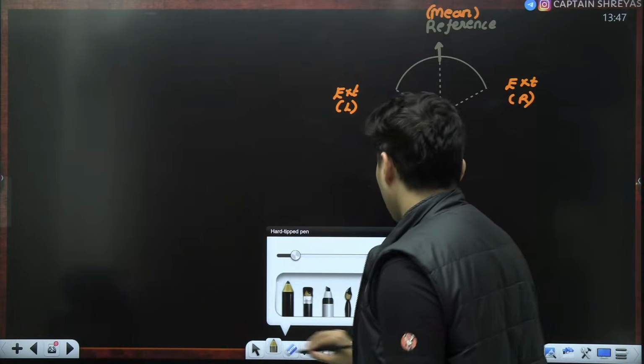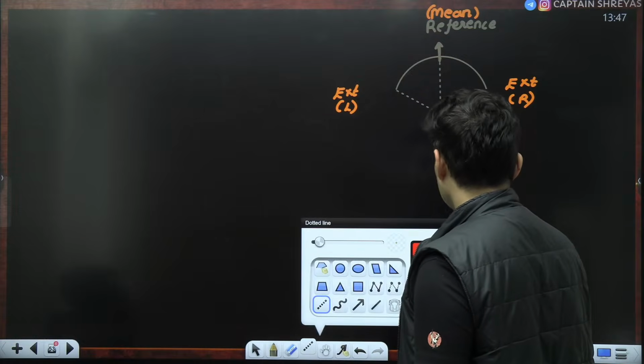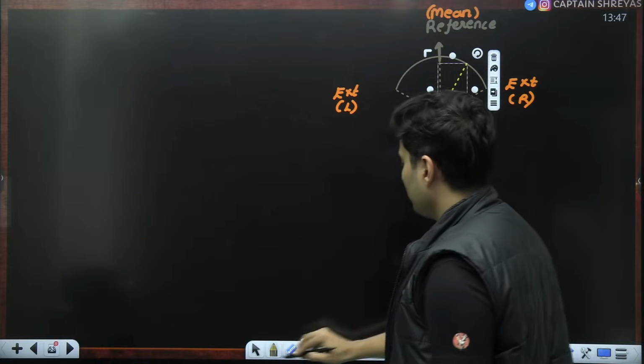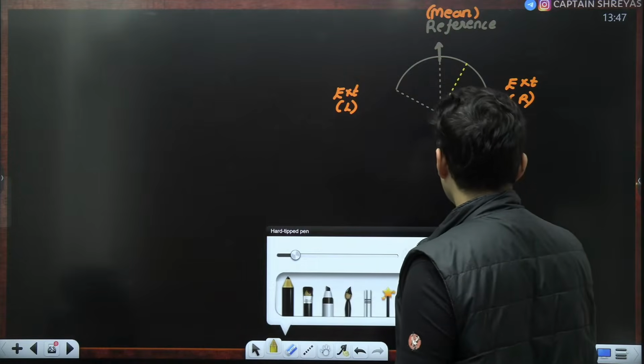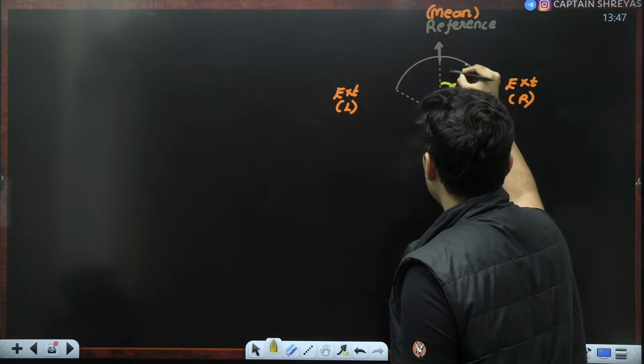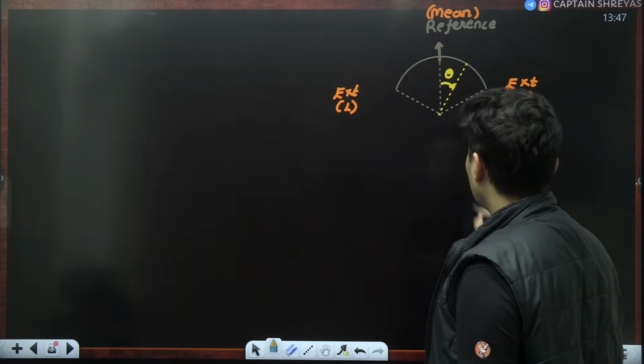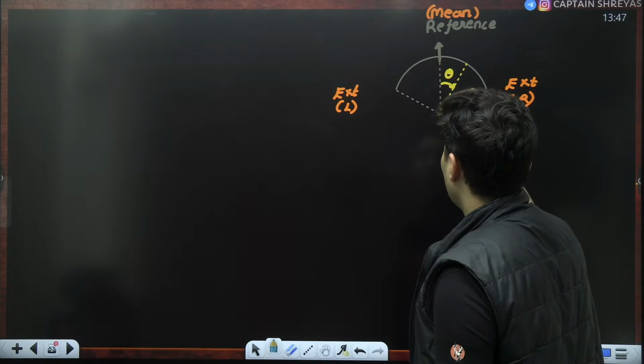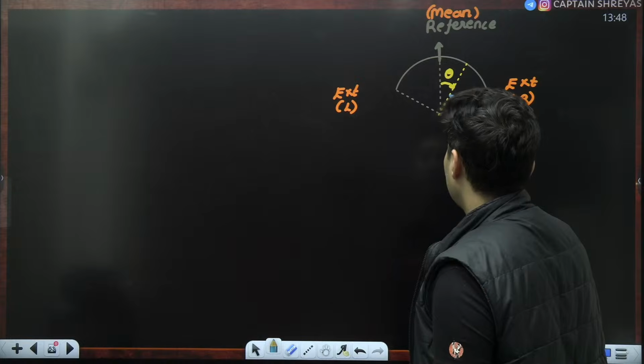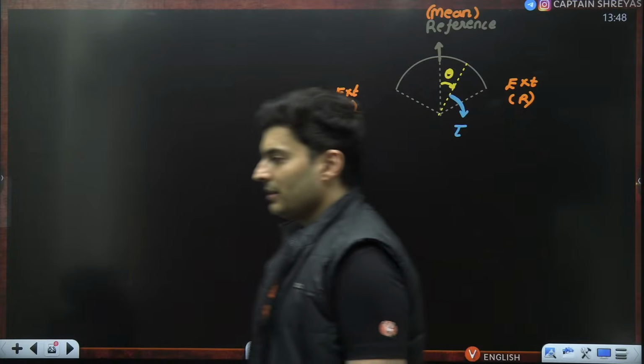So again, you move this over here by some angle theta, and there is now not a force but a torque. There is a torque acting on it. Let's say that torque is this.